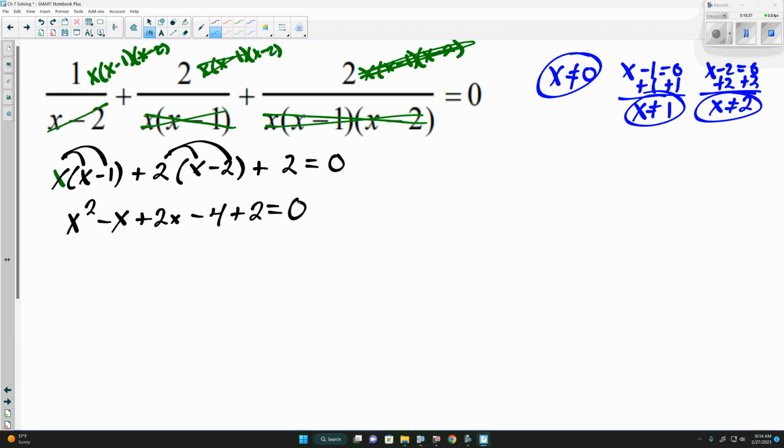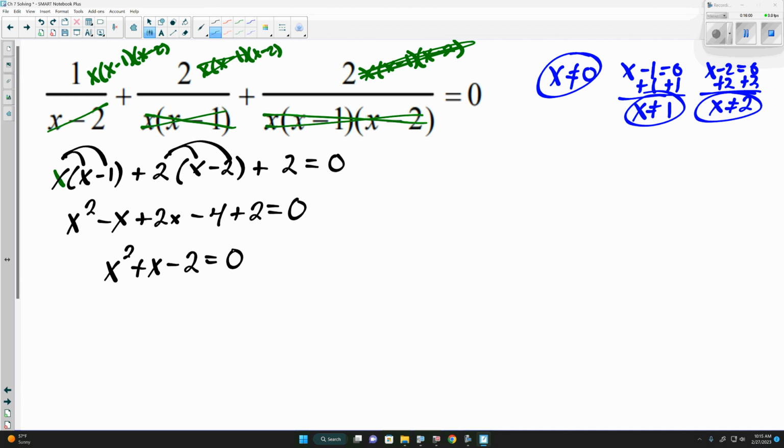Plus 2 is equal to 0. Combine like terms. We have x squared plus x minus 2 is equal to 0. Questions on this so far?